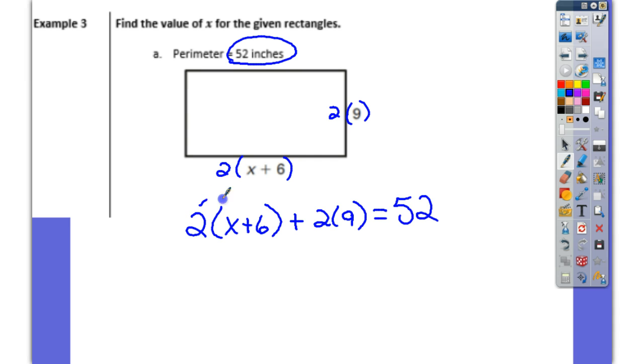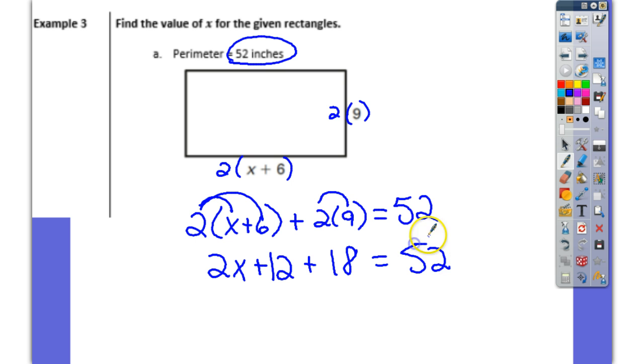Excuse me. 2 times x is 2x. 2 times 6, excuse me, is 12. 2 times 9 is 18 equals 52. Combine like terms. Well, there's nothing to combine with the 2x, but I can combine my 12 and 18 to get 30.